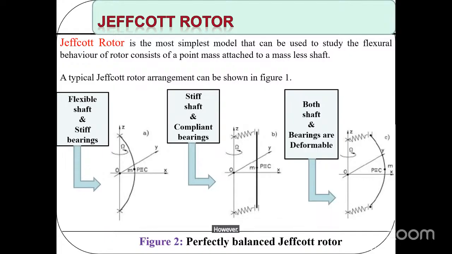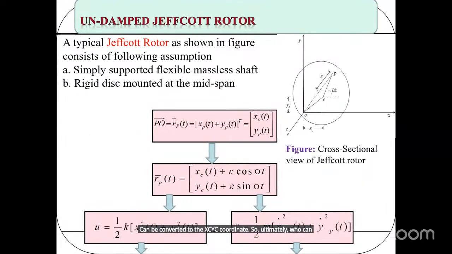However, the kinetic energy is calculated considering the coordinates of the mass center, half M times XP dot square plus YP dot square. So XP and YP can be converted to the XC, YC coordinates. So ultimately, we can obtain the kinetic energy as well as potential energy in terms of the coordinates XC and YC. Once we obtain T and U, we can apply the Lagrangian and develop the equation of motion of an undamped Jeffcott rotor.